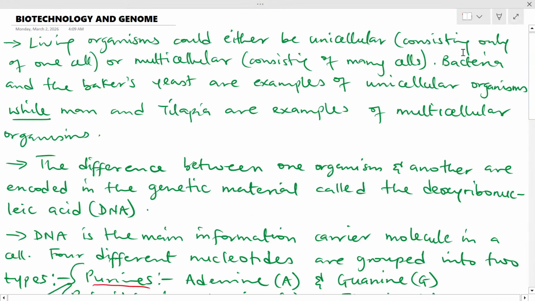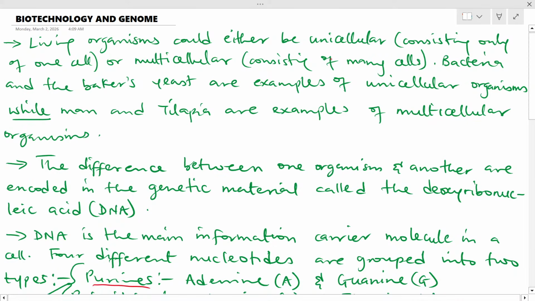So you can't talk about biotechnology without looking at the living organism, because basically what biotechnology is good at is creating and modifying living organisms, which include plants, animals, and microorganisms. It is key to note that a living organism could be either unicellular or multicellular.